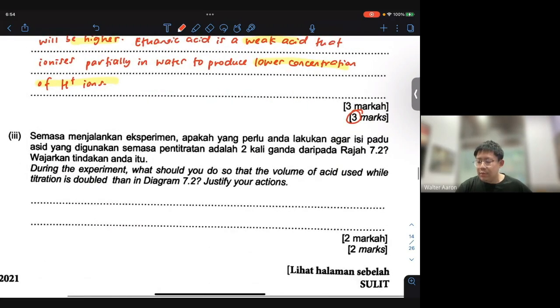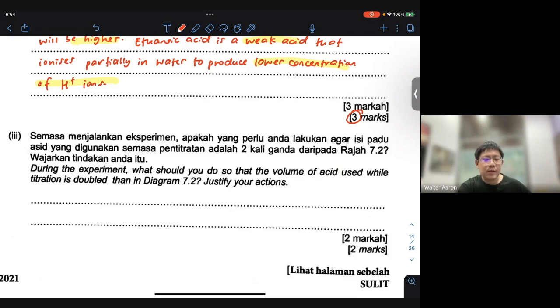So for number 3, during the experiment, what should you do so that the volume of acid used is doubled compared to diagram 7.2? Justify your action. So I think it's very simple. If you want to double the volume of acid used, then you should reduce the concentration.